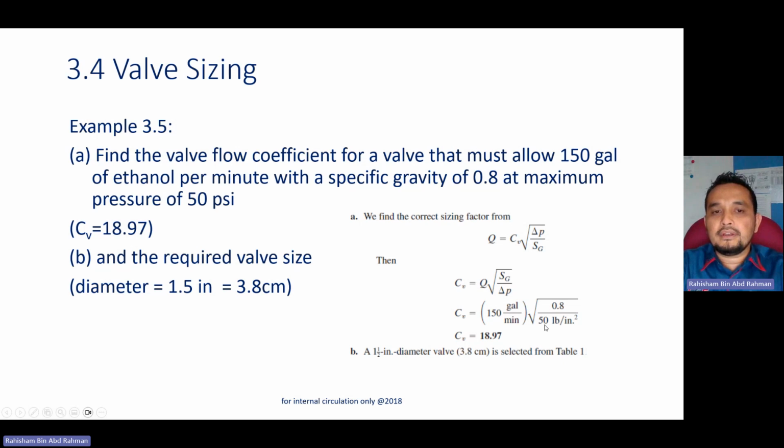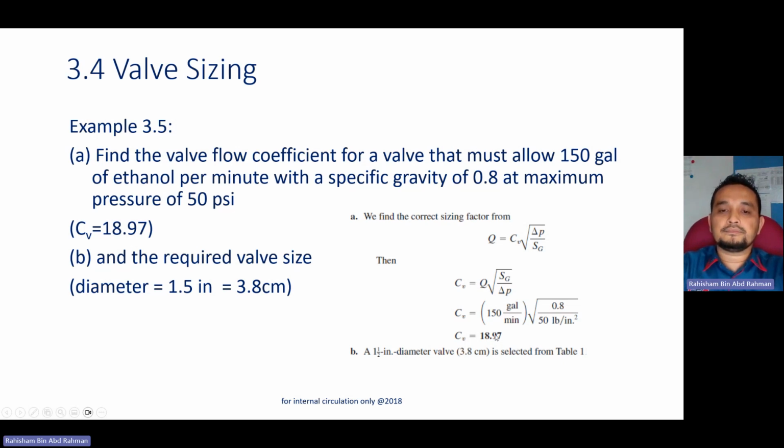Maximum pressure is 50 psi. 50 psi is equivalent to 50 pounds per square inch, pound pressure over inch squared. That will give you CV, the coefficient of valve, around 18.97.